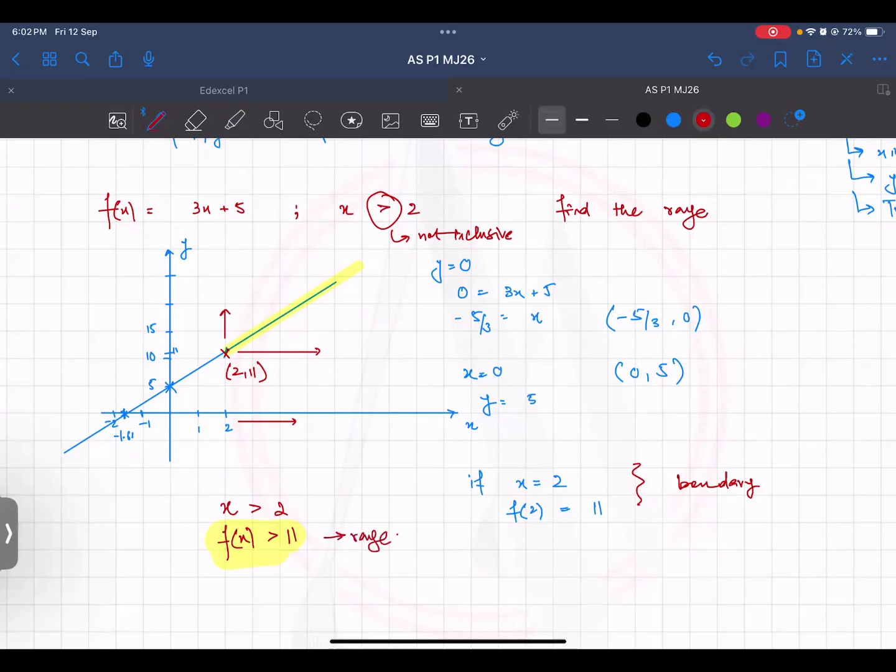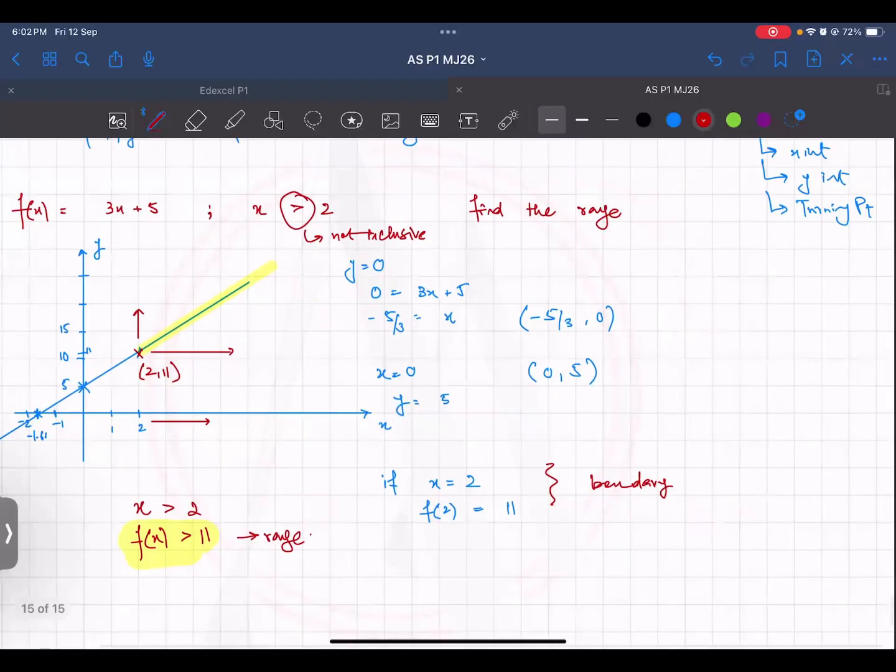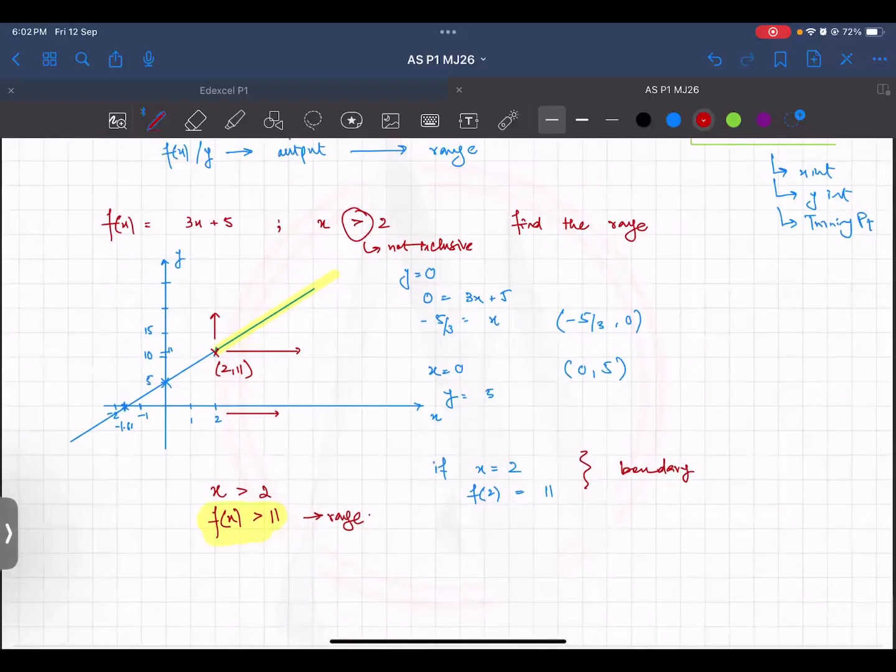So whenever they ask you to find the range from domain or domain from range, the graph is the best way to understand it and then give the relevant inequality.